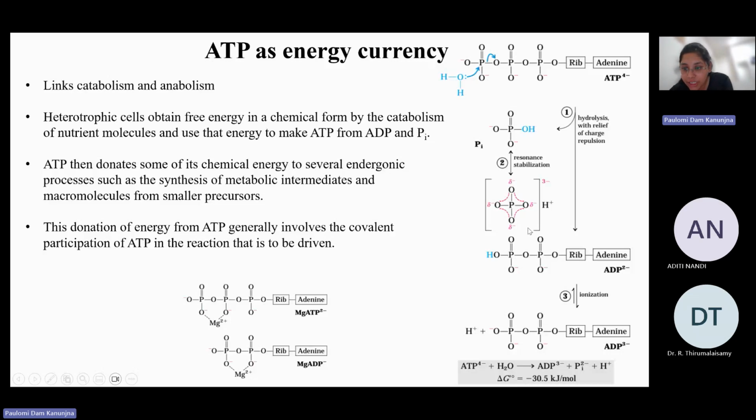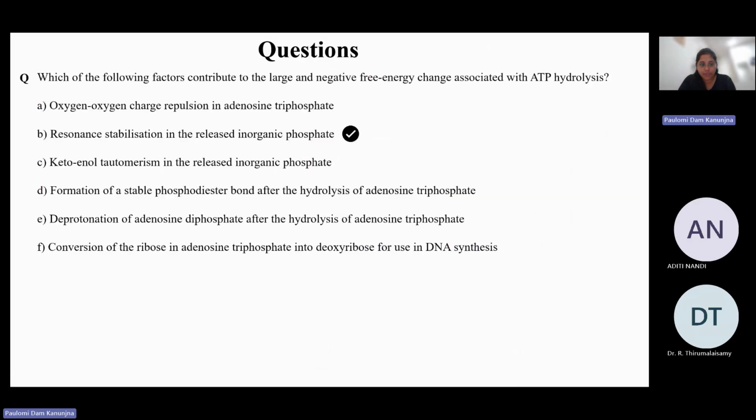The negative charge is distributed over multiple oxygen atoms, and this becomes more stable than ATP. So this reaction is favorable and it can happen. The resonance stabilization stabilizes the inorganic phosphate that comes out. That's correct, and I saw that both of you got that right, so that was great.